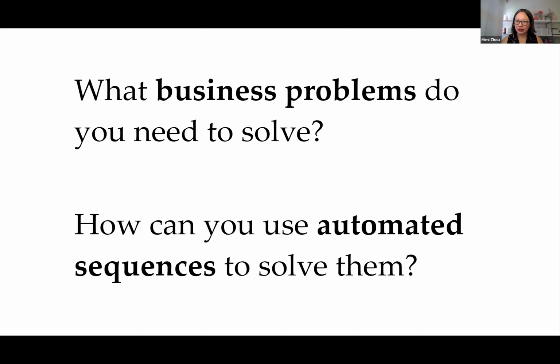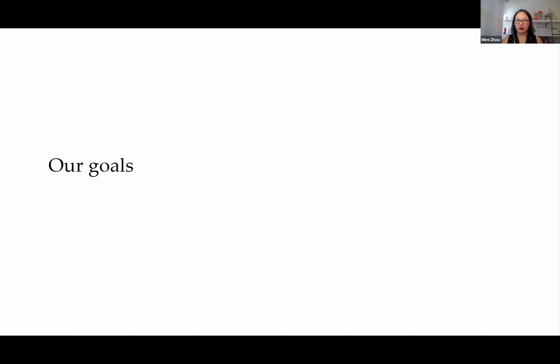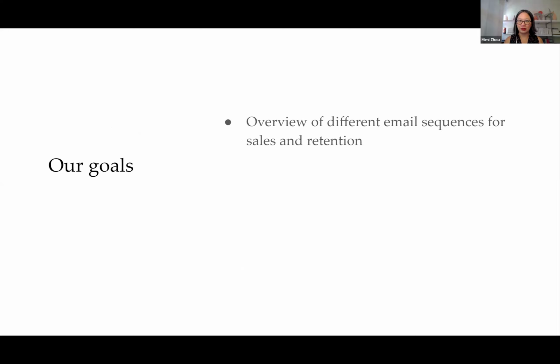So our goals here today are to look at an overview of different email sequences that you can use for sales and retention. And then we're going to talk about how to put together an email sequence, which really happens in 2 steps. The first step is about the strategy, and this is a little bit more difficult.